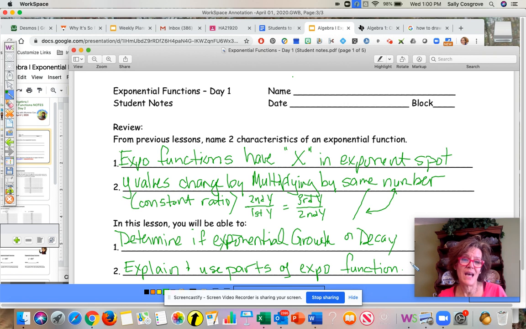Alrighty, so that is a review from Monday's lesson and an explanation of what we're going to be doing in today's lesson. Okay? All right, so if you need to press pause here and get that written down, go ahead. If you're good, then we'll keep going.